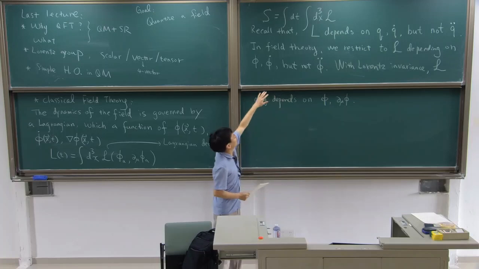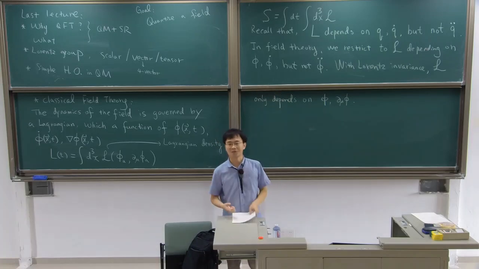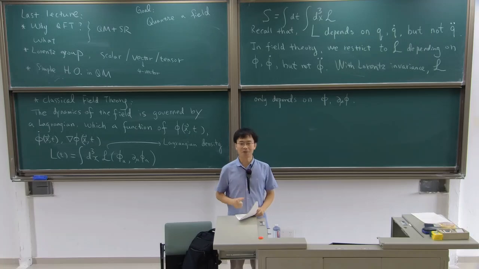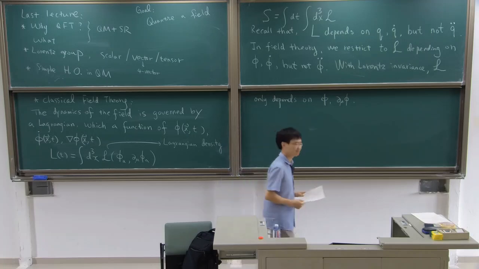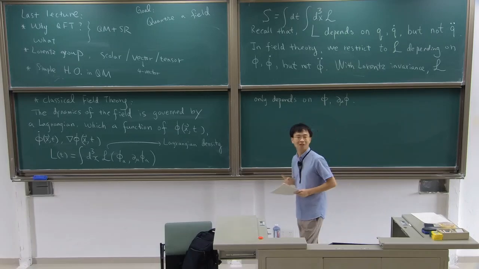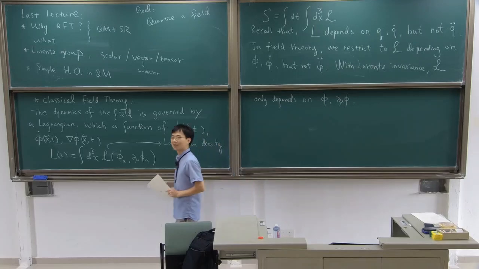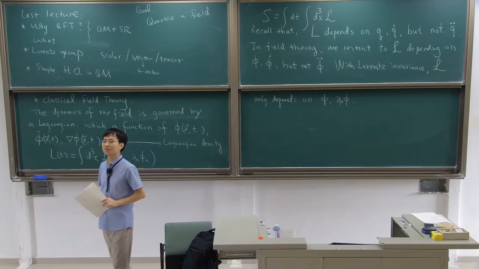Then that constraint only allows the time derivative, and you might want to construct some theory in terms of higher space derivatives of this field. That's perfectly okay. It's just not the topic of this course. So in principle, the Lagrangian density could depend on higher space derivatives.